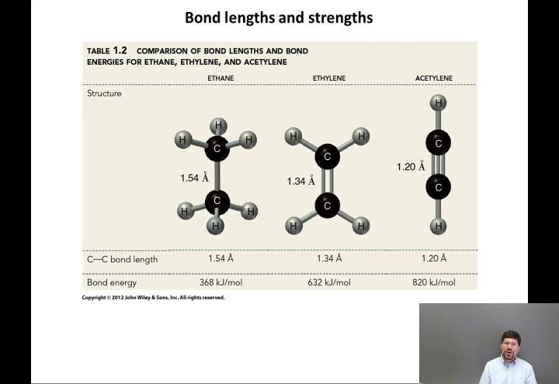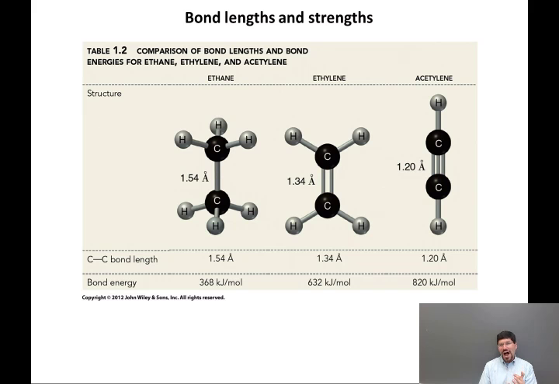What is more interesting than lengths are bond energies. A carbon-carbon single bond has a bond dissociation energy of 368 kilojoules per mole. What that means is you would have to put that much energy into this molecule to cause the carbon-carbon single bond to break apart.